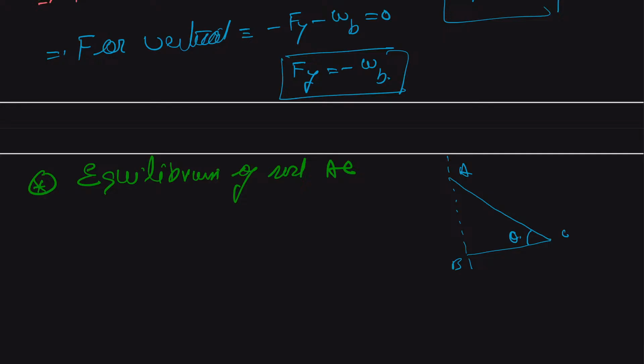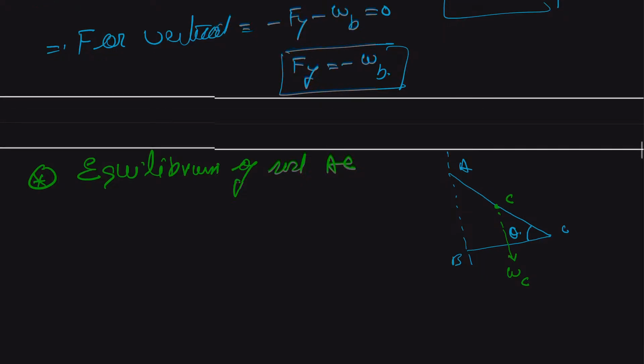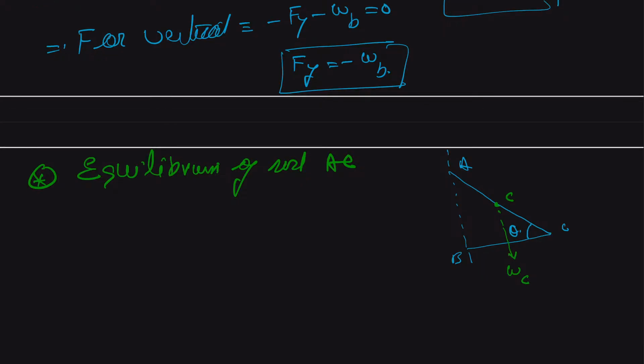And so for this, let us suppose C is center of mass, so it will be the downward direction. Okay. And let us call this as our W of C. And there will be a force in this direction, so we can divide into two components.